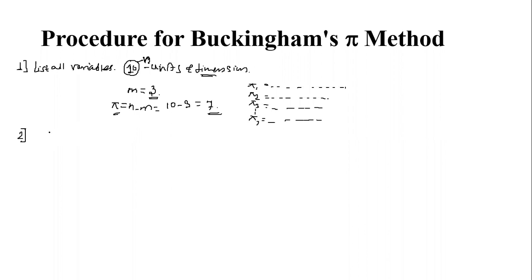There we grouped them into geometric, kinematic and dynamic. Here in repeating variables we have to consider that one of the repeating variables must represent the geometric property, another one must represent the kinematic property, and the third one, minimum I'm talking about, must represent the dynamic property.